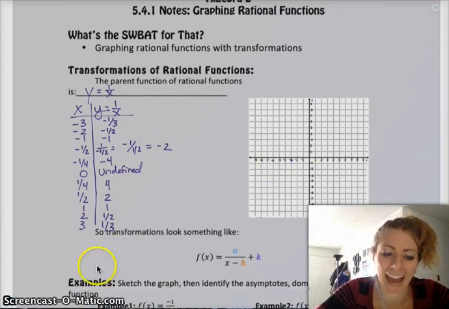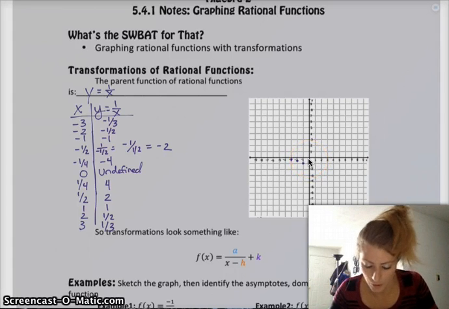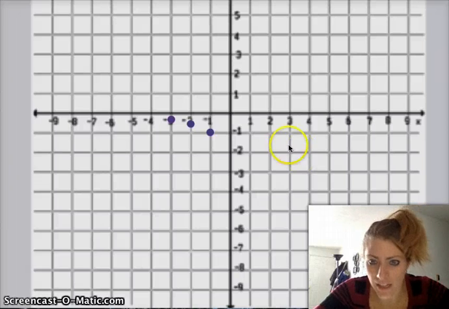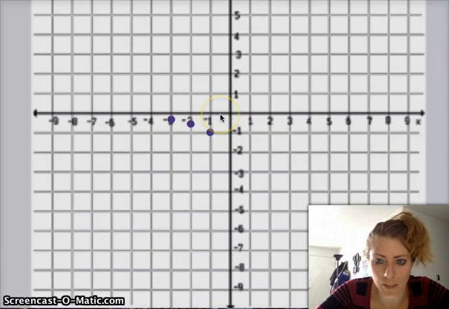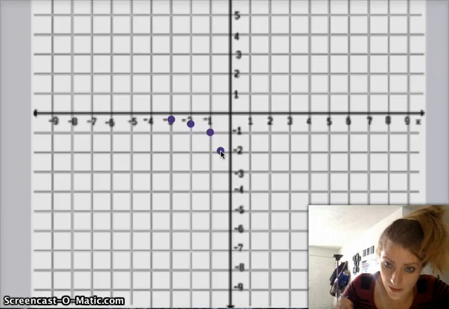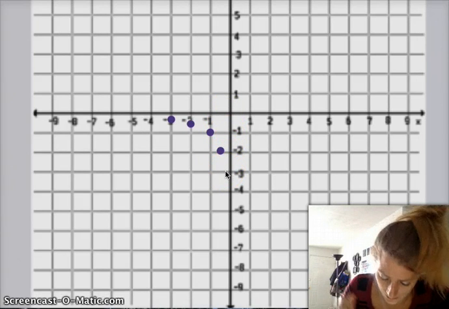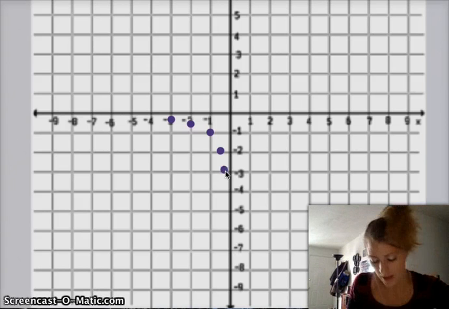Then I plot a point at -1, -1. I'm going to zoom in a little bit so you can see it. Then -1/2 goes with -2, so I'm going to put a dot there. -1/3, which is about here on my x-axis, goes with -3, and so on.